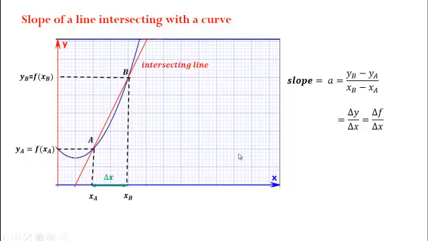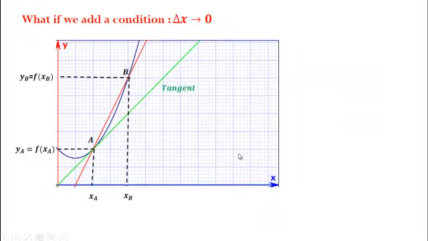Now the question is, what will change in this equation, in this slope, if instead of taking a big interval of x, we take a small interval of x? Small means we must take delta x tends to 0. This means B will become as if it's confounded with A. So what will happen? We add this condition to the slope: limit when delta x tends to 0.